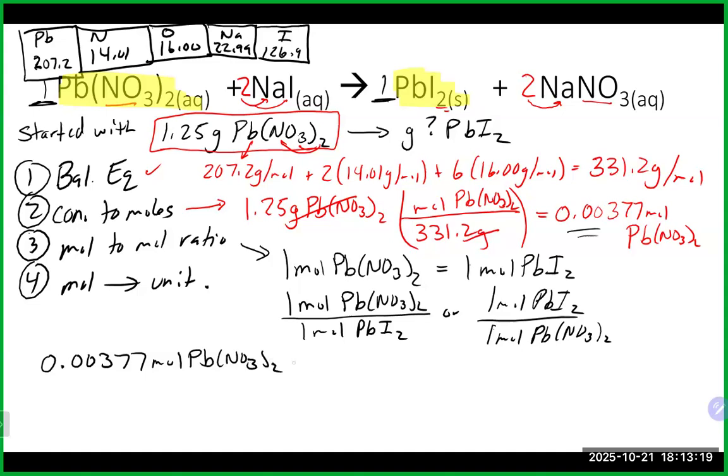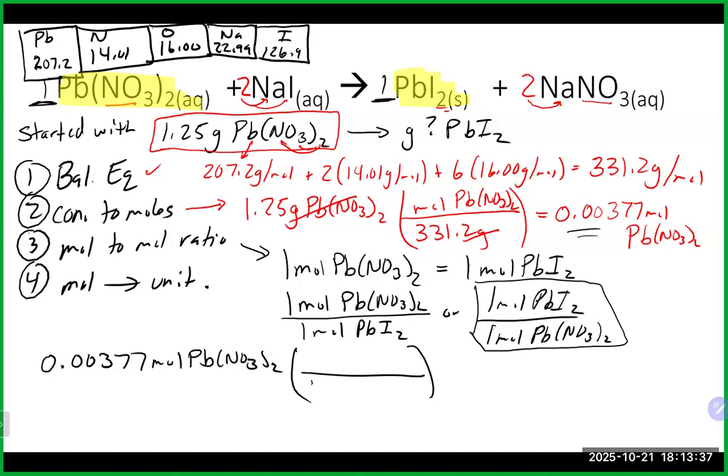Remember, again, opposites cancel, so the lead(II) nitrate's on top. So to cancel it correctly, we will want to use the one on the right-hand side. It has our lead(II) nitrate in the opposite location, which is on the bottom there.